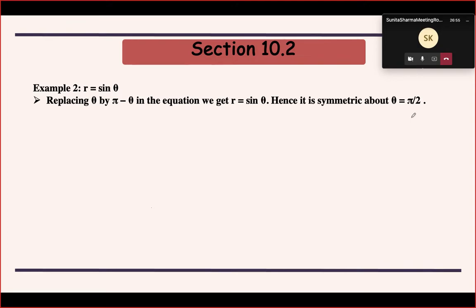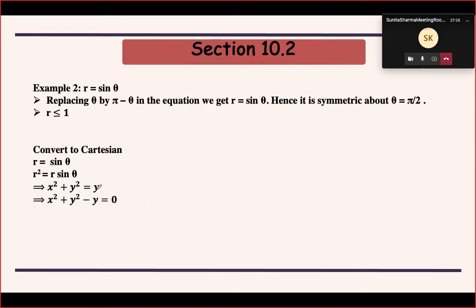And the second thing which we can make out here is that r is less than or equal to 1. So the value of r will not exceed 1. Now if we convert it to Cartesian, these types are all convertible to Cartesian. Again the same procedure: multiply with r on both sides, then replace r square by x square plus y square, and on the right hand side r sine theta is y. So we know this substitution, and then you have to just complete the square.